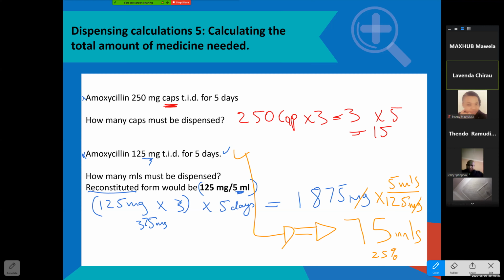Sometimes with children the medicine ends up on the face rather than in the mouth. So if you give them a 100 ml solution, it's fine. But if you give them a 50 ml bottle, they are going to run out of the medicine before the next appointment.